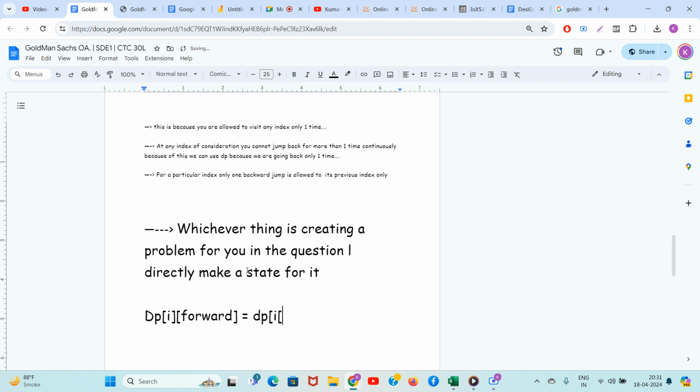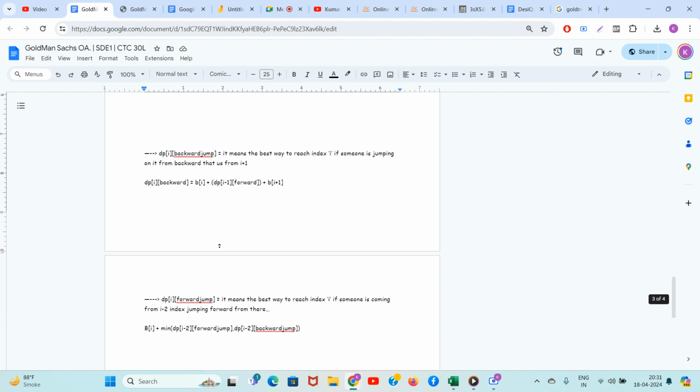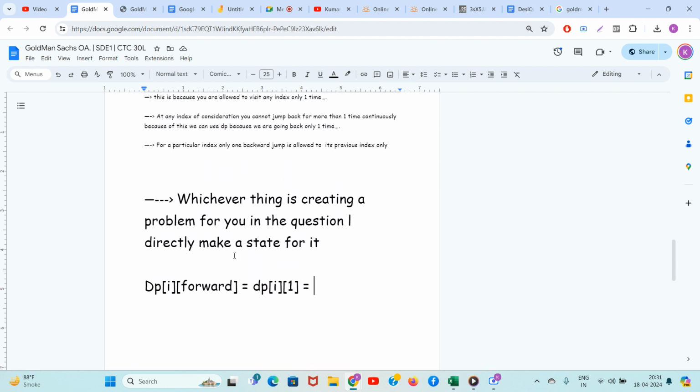I'm going to call it as DPI1, okay? DPI2. Let me call it as DPI2. Someone is coming from index I minus 2 to index I. Tell me the best answer in that case.